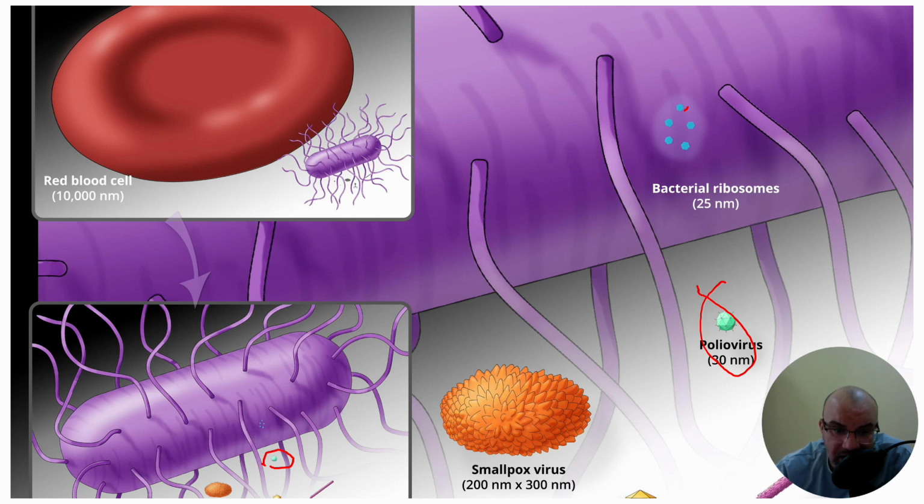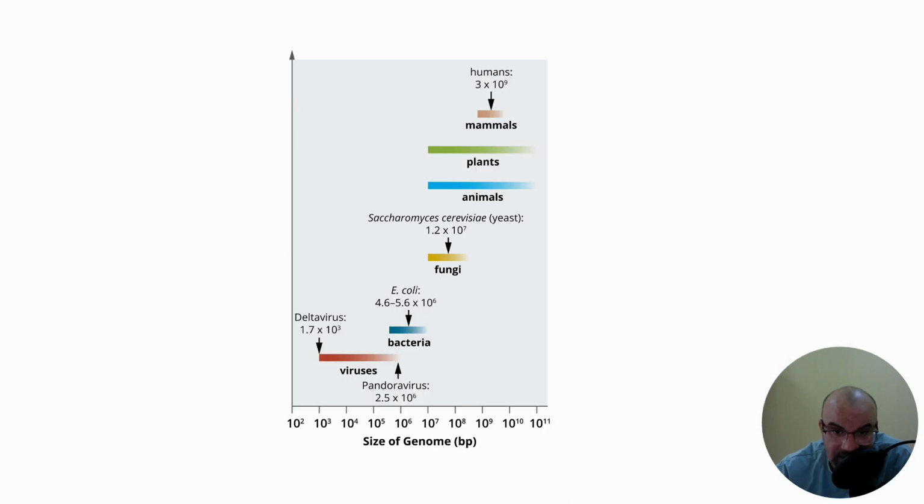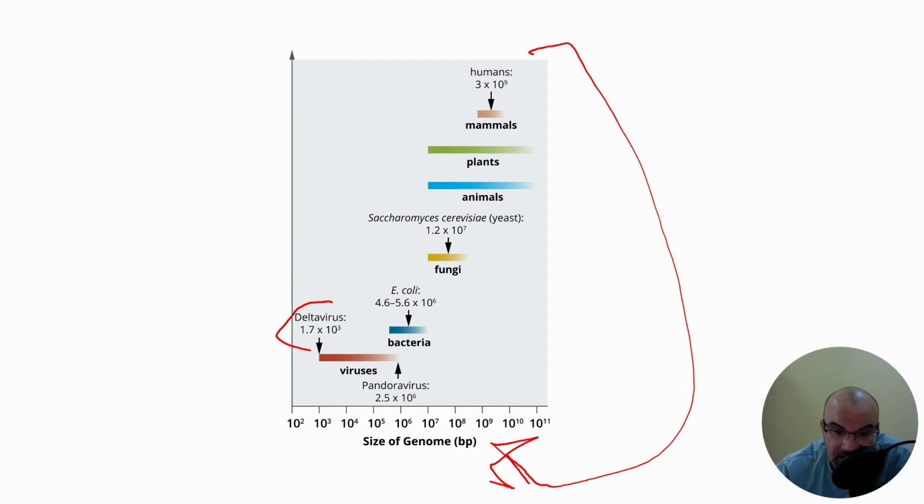And look here at the size of the bacteria compared to the RBC. So you can see how much the difference is between these two, and how we are talking about very small entities for the bacteria. When we look at the size of the viruses, we are talking about, for example, the Delta virus, 1.7 multiplied by 10 to the power of 3.